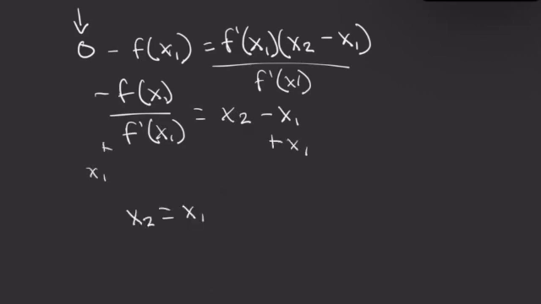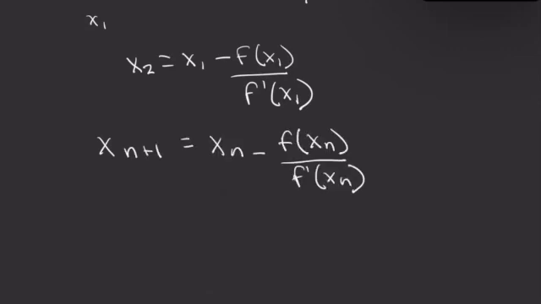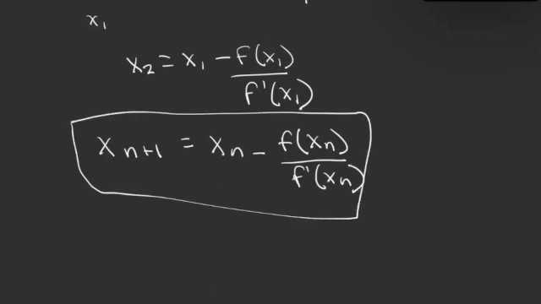We're going to have x2 equals x1 minus f of x over f prime of x. Because our final equation is x n plus 1, so we generalize it for all numbers, equals x n minus f of x n over f prime of x n.